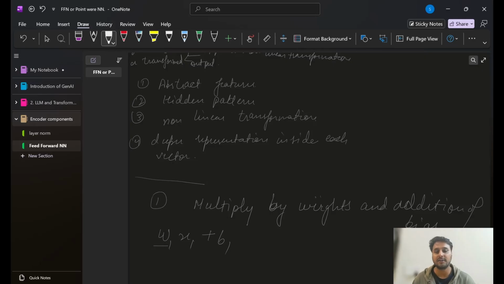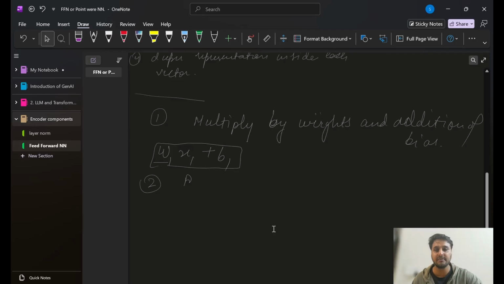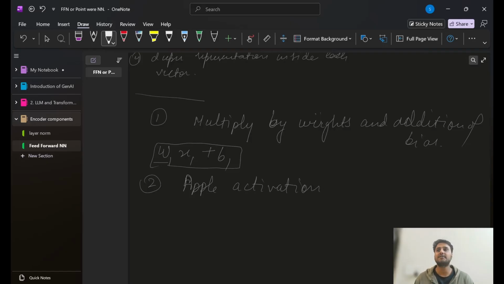So this is the first operation, and the second operation is that we apply an activation function onto this value. And what are activation functions? Activation functions are nothing but a way of introducing non-linearity into the neural network.